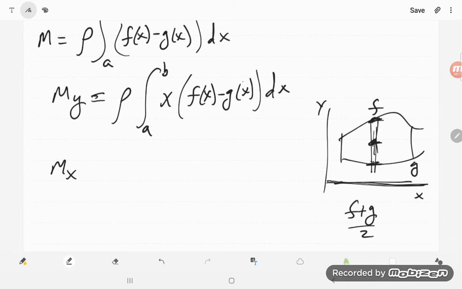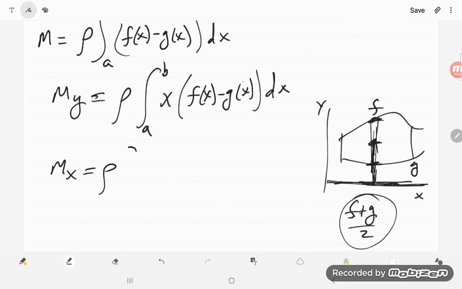And we had f over 2 last time, and notice that our bottom curve was the curve y equals 0, so we had f plus 0 over 2. So it was the same thing. So here, our distance is f plus g over 2, but the mass is again the same.